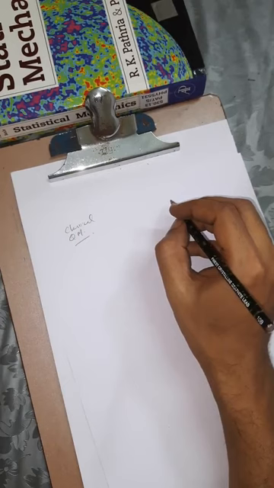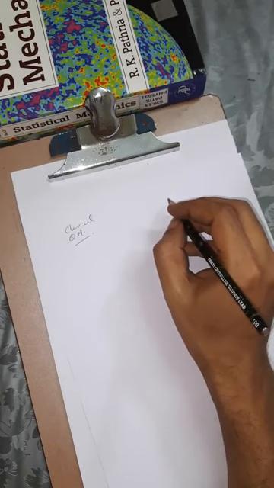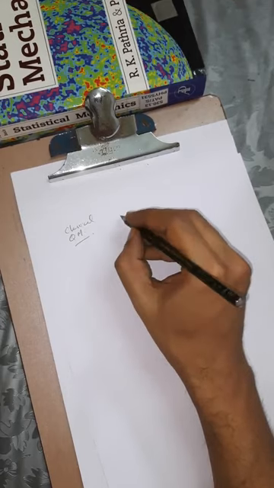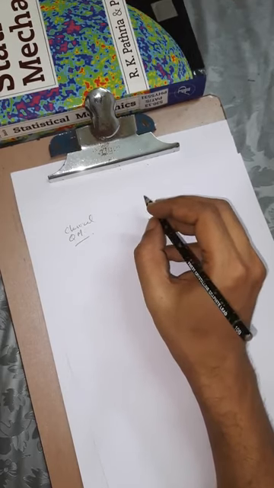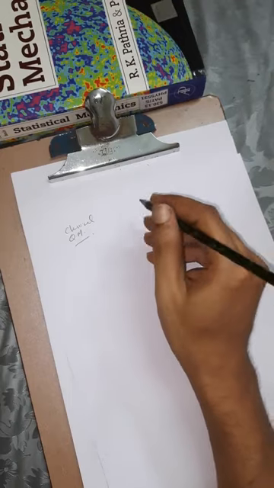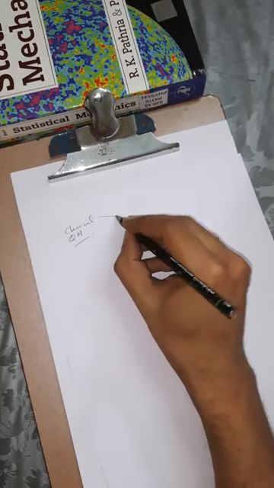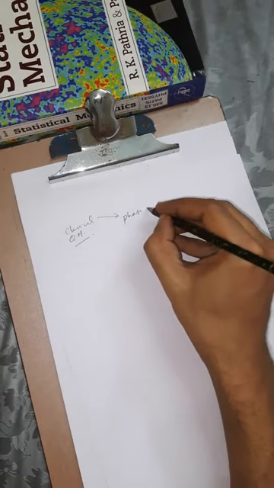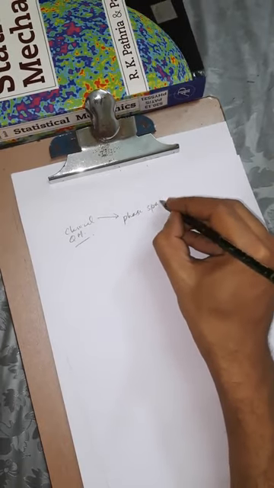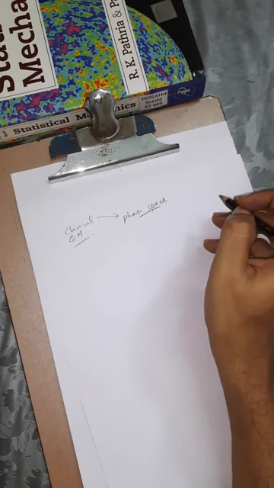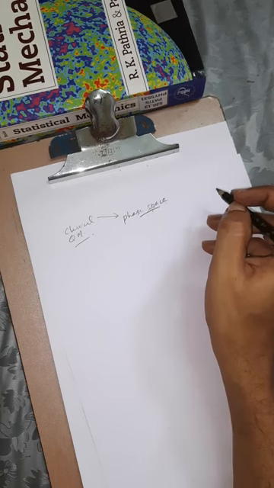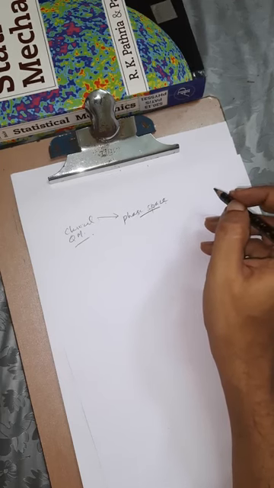When we are dealing with the system in the classical regime, the formalism is developed on the basis of phase space. You might have learned phase space already in your classical mechanics classes. It's the same thing here also.